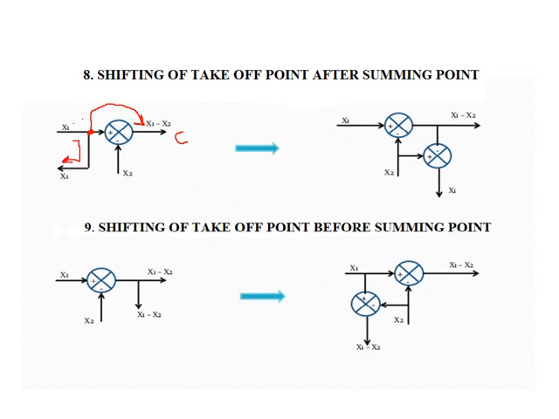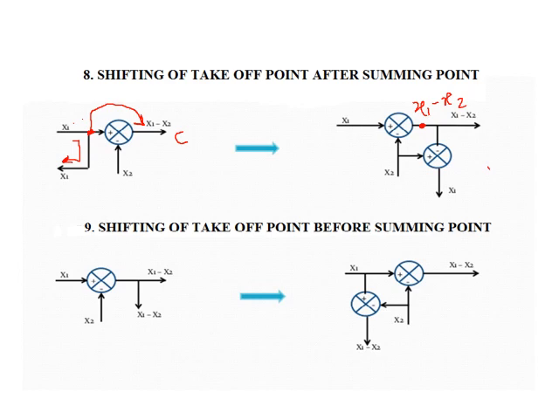Okay, now here we have to check that the output should match after interchanging, that is after shifting. So this is x1. Now just check here, I will check the output at this point. So this is x2, so at this point this will be x1 minus x2 because x2 is a negative signal.